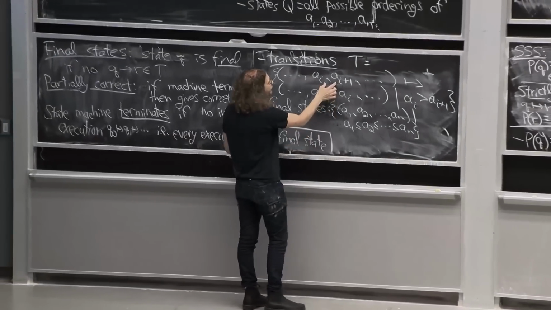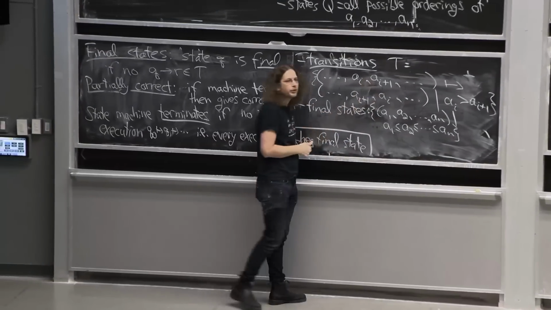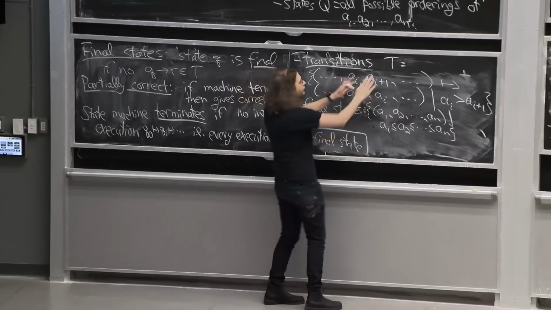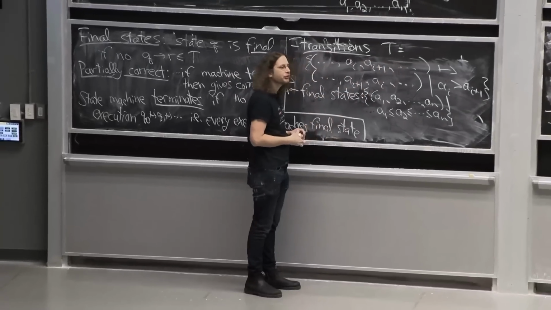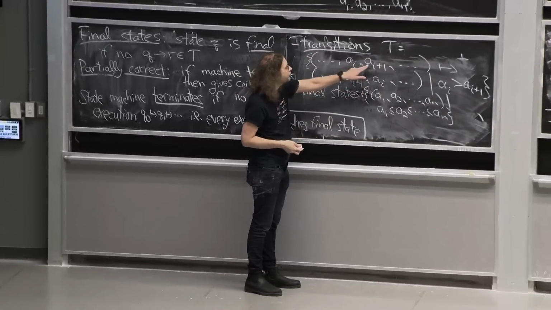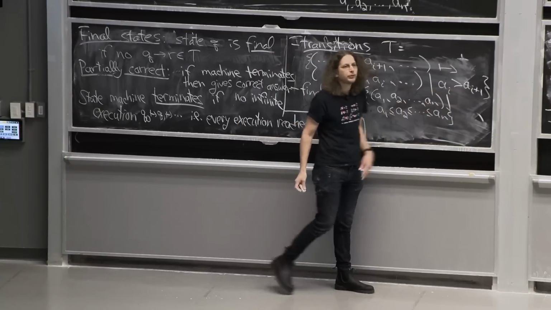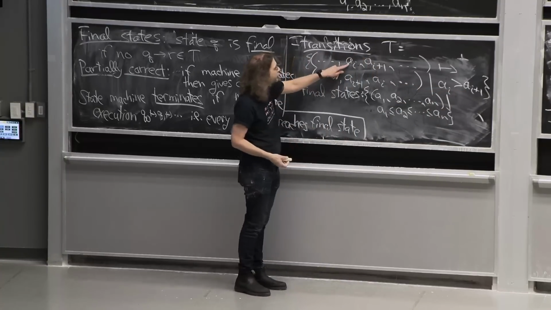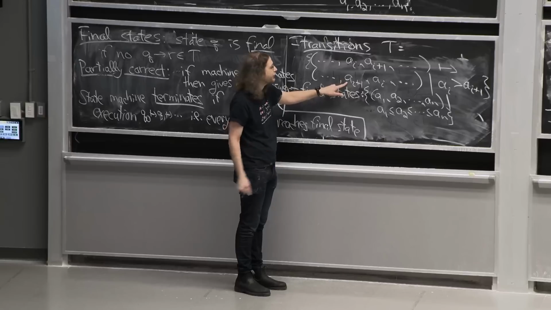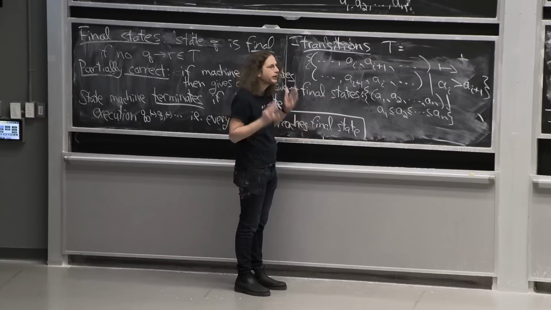When I do a transition in this algorithm, I only swap 2 adjacent elements. So the inverted pairs with everything else doesn't change. And these guys were guaranteed inverted. I told you that ai was bigger than ai plus 1 whenever I did a transition. So I decreased by 1 the number of inverted pairs here. So I strictly decrease by exactly 1 every single time.